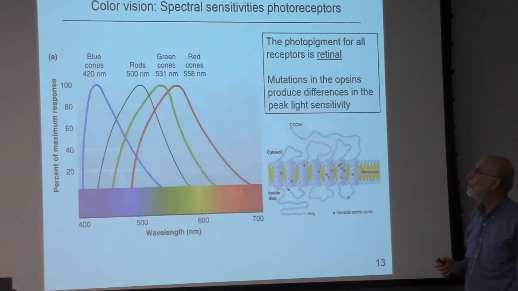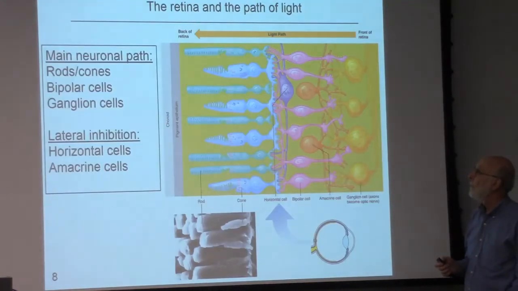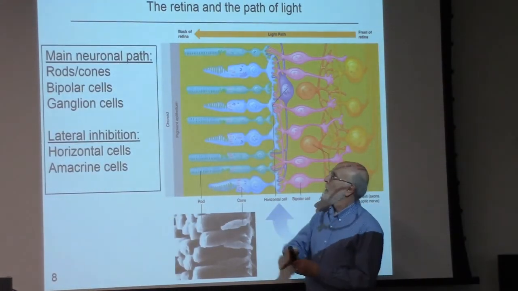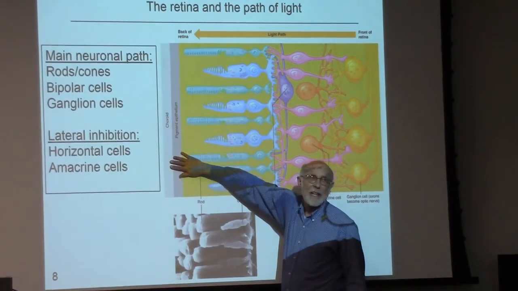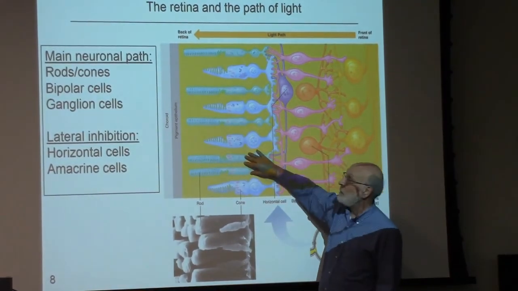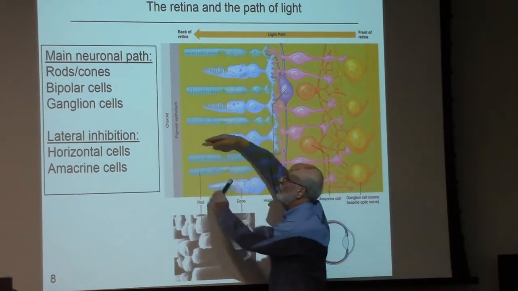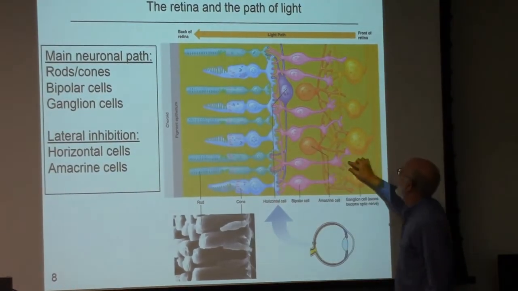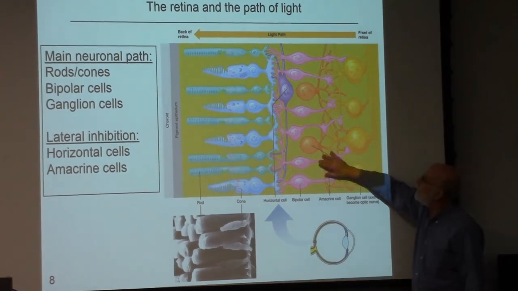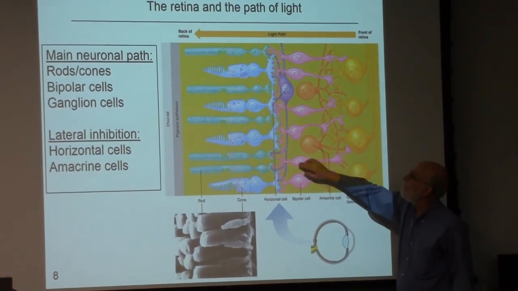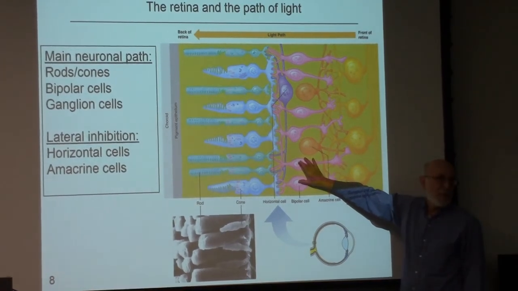Let's go back to the cartoon of the retina. Here are rods. This is the center of these rods' visual field. Here is the surround of these rods' visual field. So center, surround. These rods are connected to these two ganglion cells via, it's not shown here, but via these two bipolar cells.